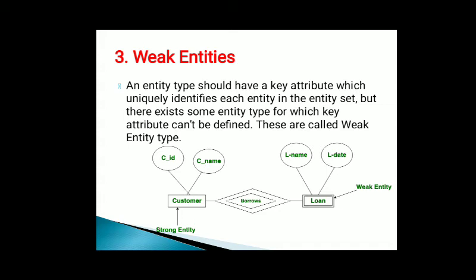And the identifying relationships are represented with a double diamond, means a weak entity having a relationship with another entity, that is the strong entity shown in the figure. But this relationship is shown by the double line diamond. Partial key attributes are represented with dotted lines, shown in this figure. This is all about the weak entities, right?